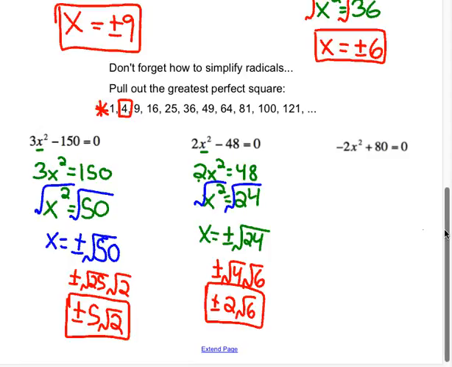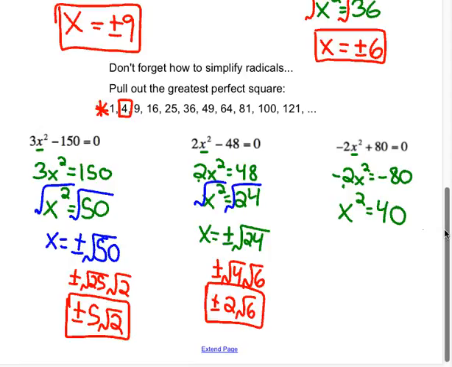All right. And the last one. We want to get the x squared by itself. So first thing I'm going to do is subtract the 80. Next, I'm going to divide by -2, which lucky us flips that back to be positive.